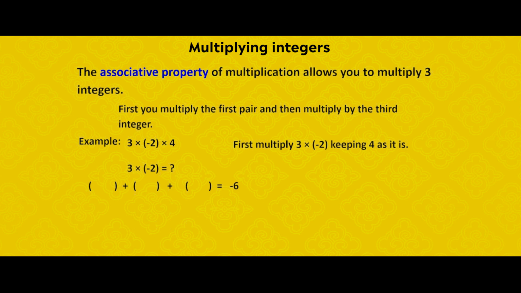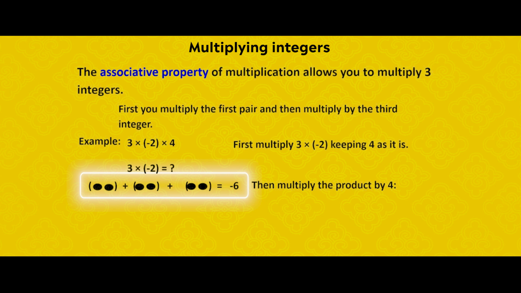We will use counters to multiply. So, negative 2 plus negative 2 plus negative 2 equals negative 6. When we multiplied positive 3 times negative 2, we got the product negative 6.